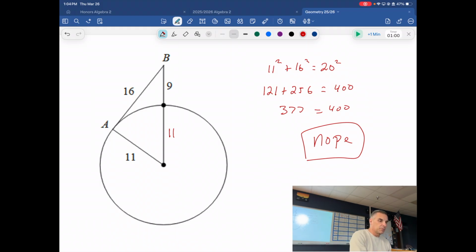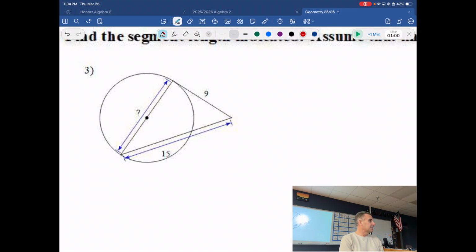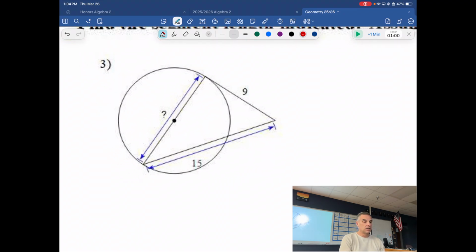So in the next examples, we're going to find what length that has to be in order for that line to be tangent. So we're flipping it around. Before we had to use A squared plus B squared equals C squared and show that it worked. Now these questions are asking, what does this length have to be in order for that to be a tangent line?